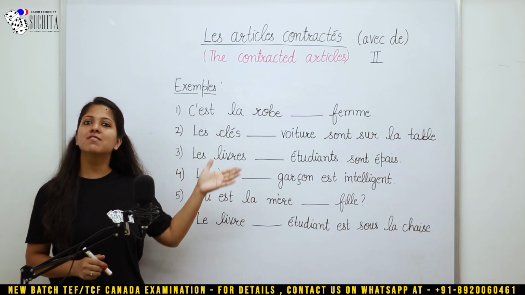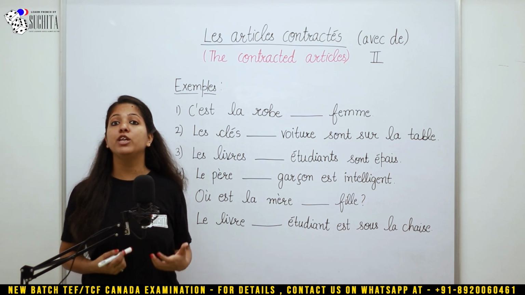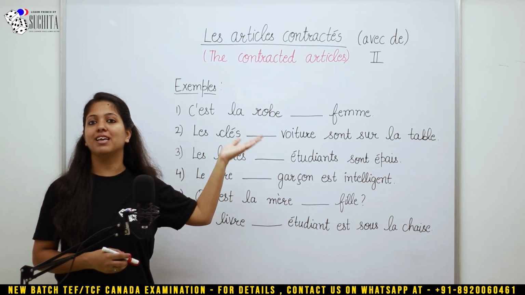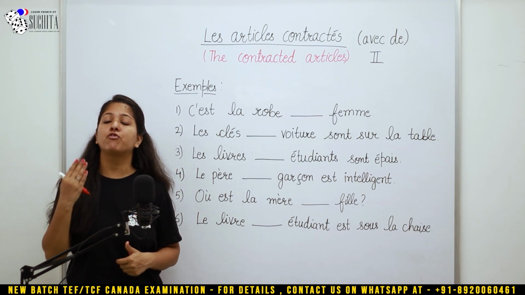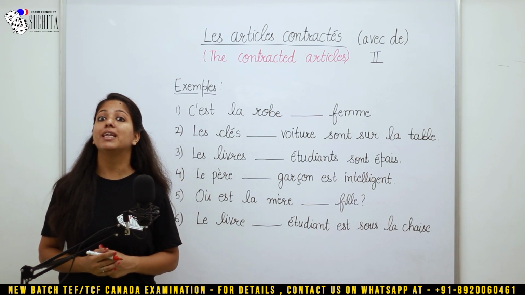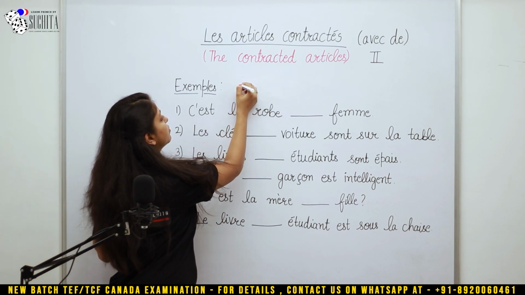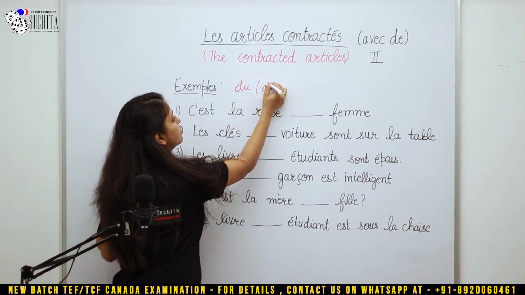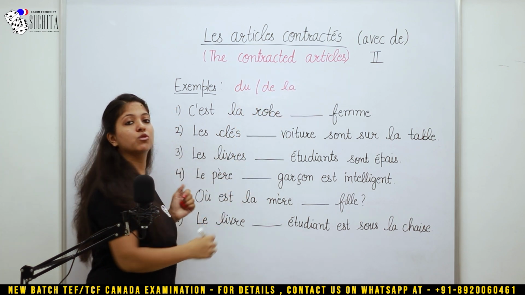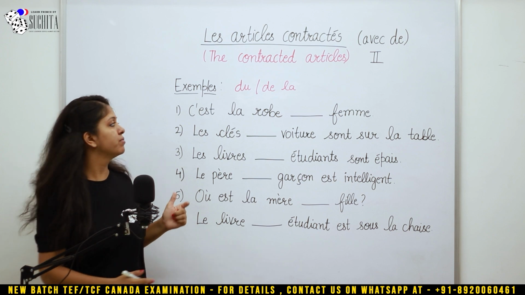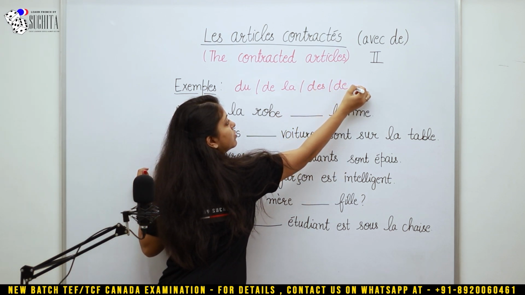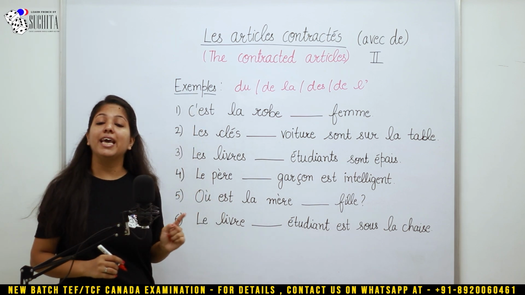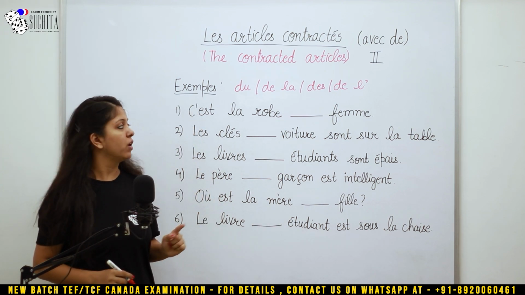Okay, so here I've written certain examples which will explain better les articles contractés avec de. So let's just revise it a bit, and you have four contracted articles with the, namely du, de la, de, the L apostrophe.